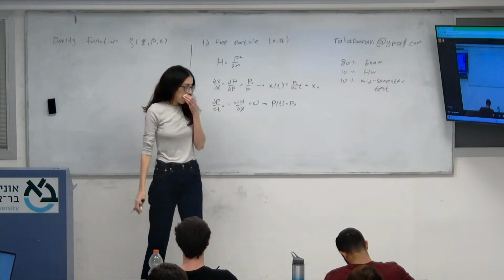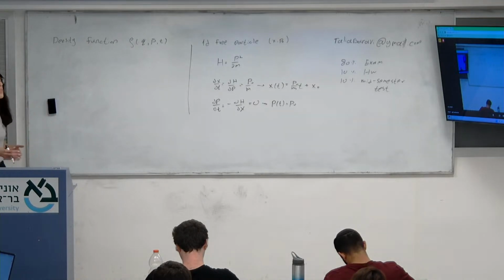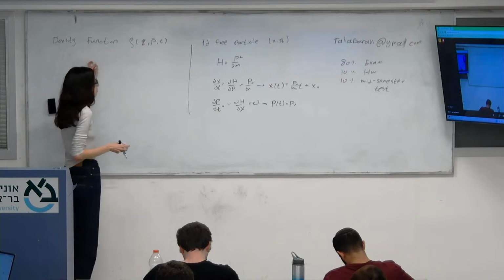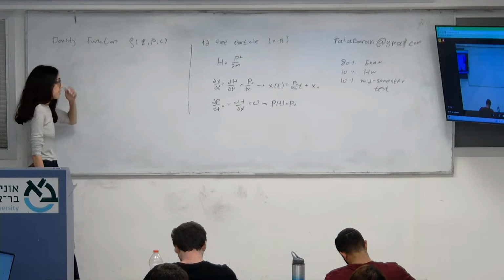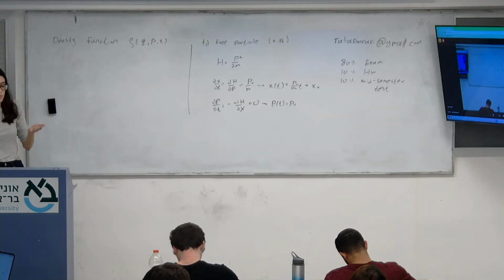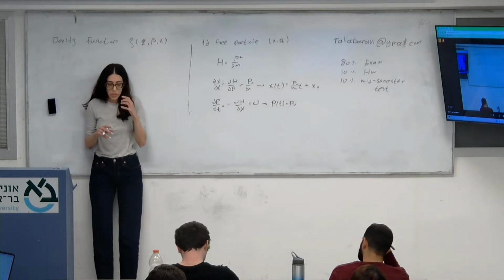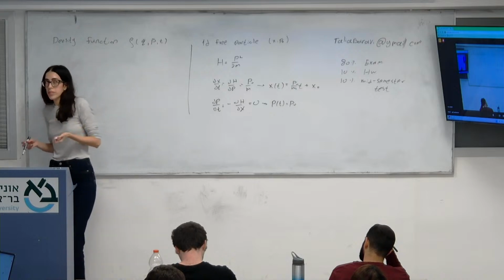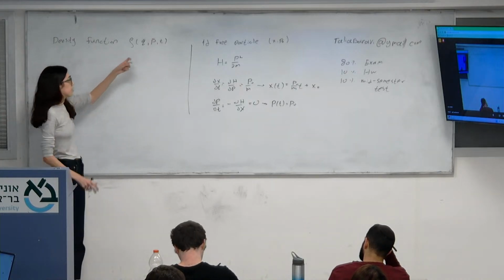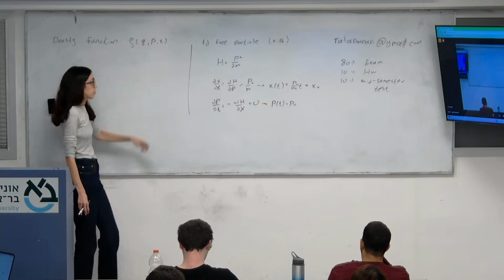Okay, so now instead of talking about each specific coordinate, we're going to define a density function, which we name rho. And this function, as you can understand from its name, gives you the probability of the system to be in any value of q and p for any given time.